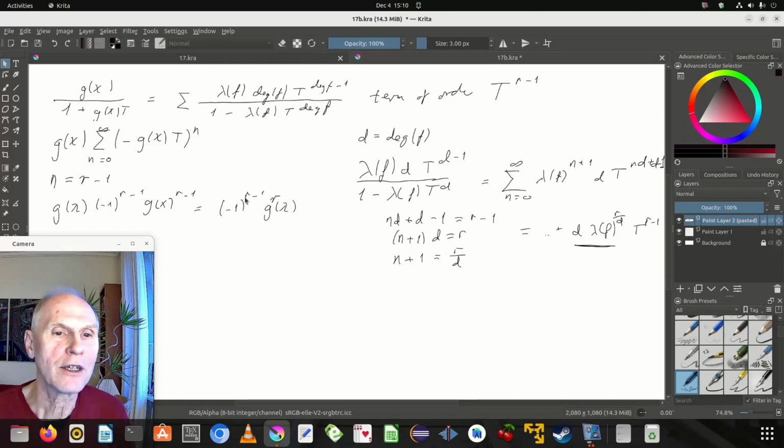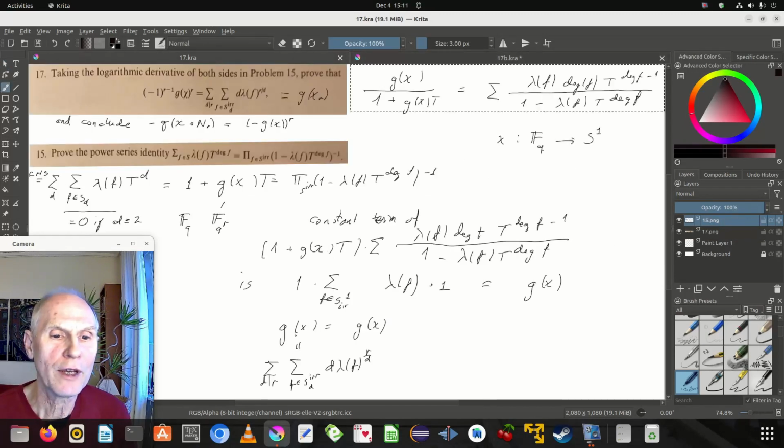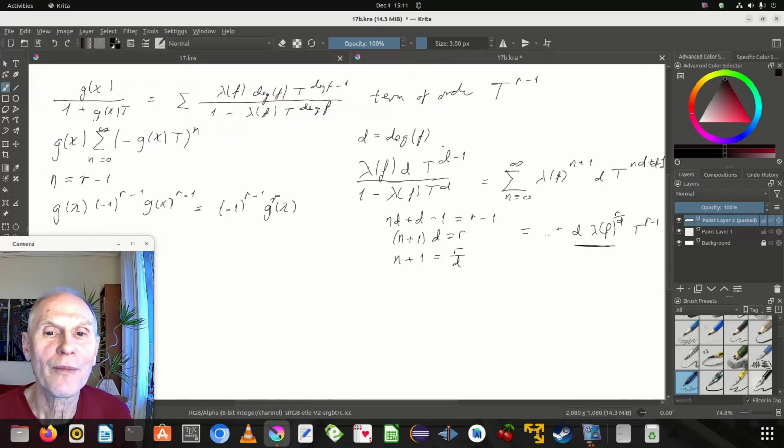And I've just done 2 of them in this problem, namely proving that g of x equals d of x. Now, d of x is given by, this is an alternative proof of problem 14, I think, and then problem 17, which I haven't quite finished, but now it should be clear how to do it.